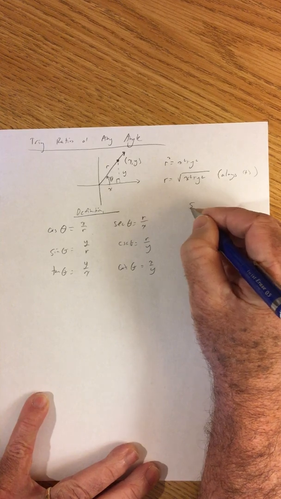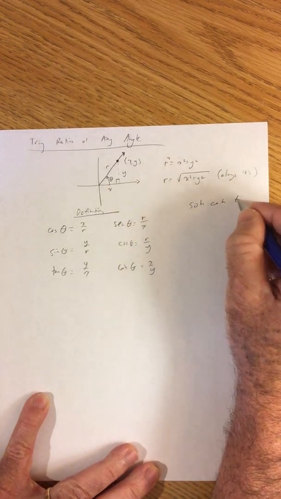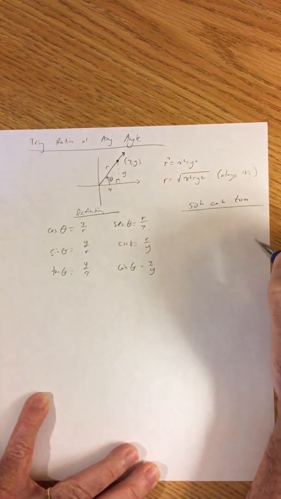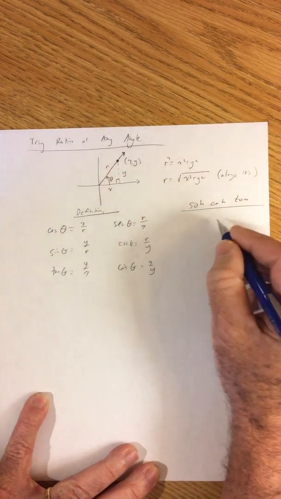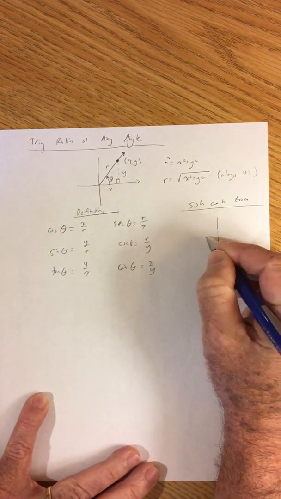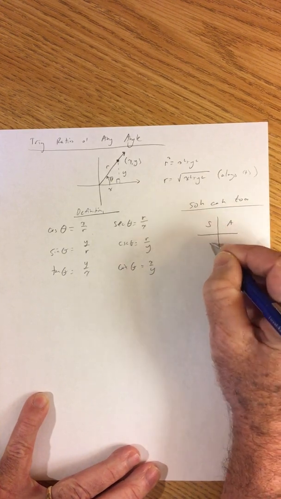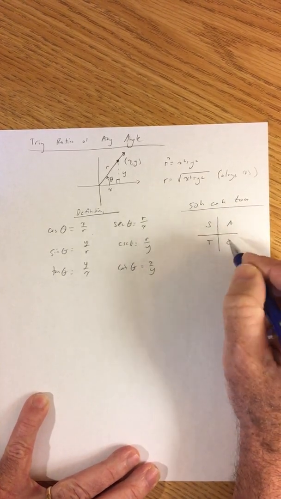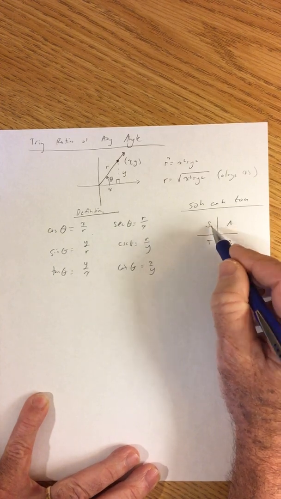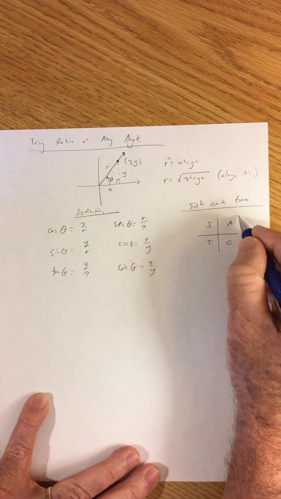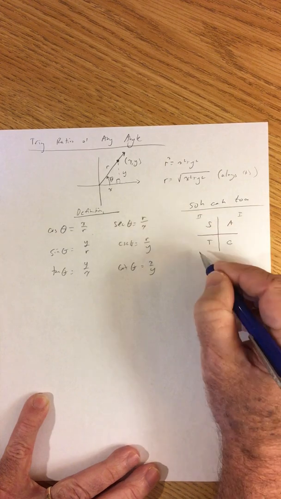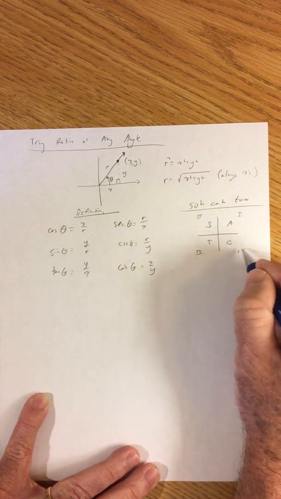Of course, SOHCAHTOA still applies, adjacent over hypotenuse. But there's another tool that we use to remember this. I say that all students take calculus, and these are the quadrants 1, 2, 3, and 4.